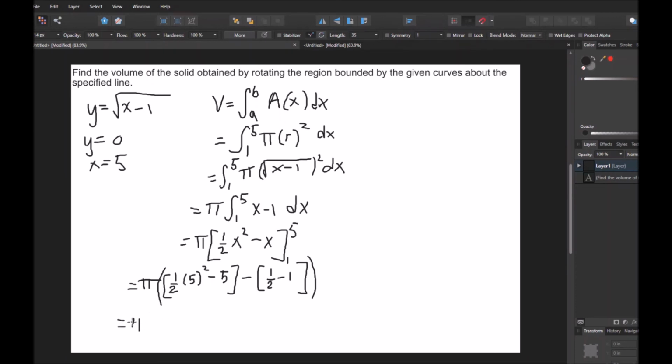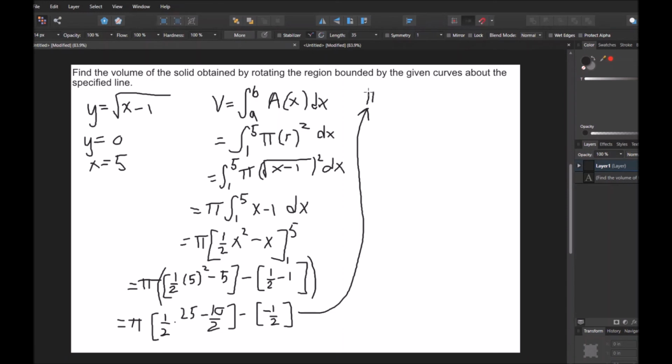So then that's going to give us pi times 1/2 times 25, and I'm just going to turn this 5 into 10 halves because we're going to have to simplify that eventually. So 10 halves minus, and then 1/2 minus 1 is negative 1/2. And then if we go up here, we're going to have pi times 25 over 2 minus 10 over 2.